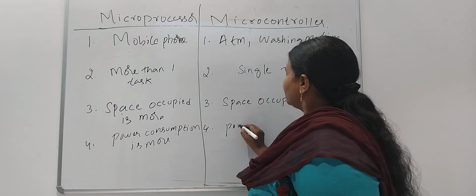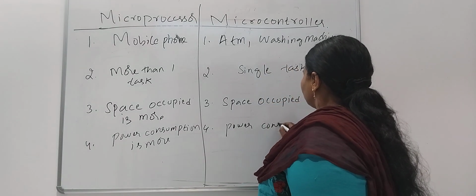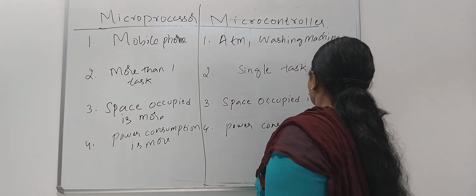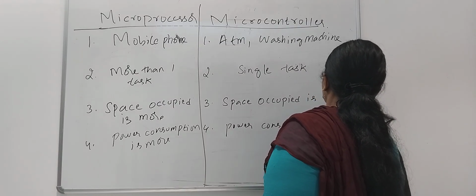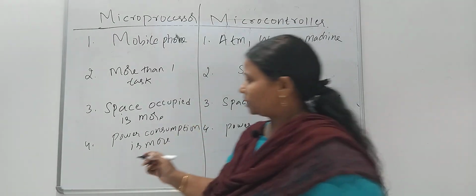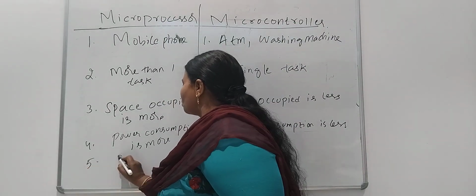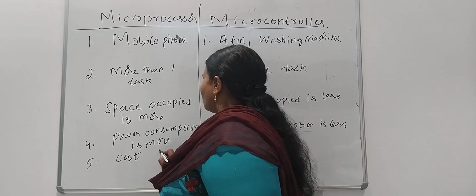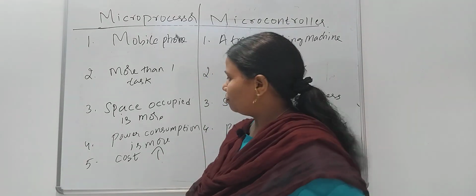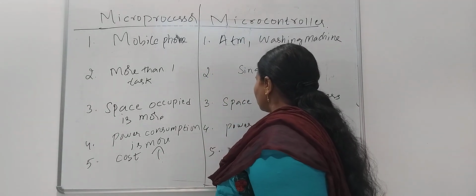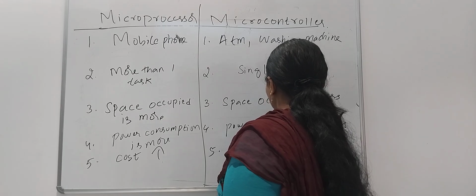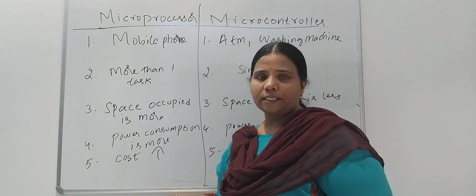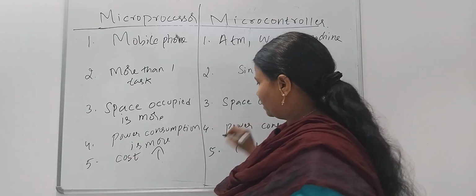So power consumption is less. Because you are connecting externally in a microprocessor, the cost of the gadget is going to be more. In a microcontroller the cost of the gadget is going to be less, because all the other external hardware is connected internally.